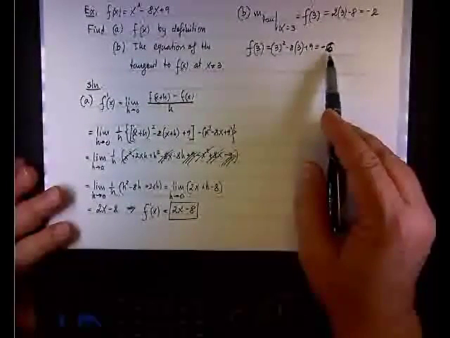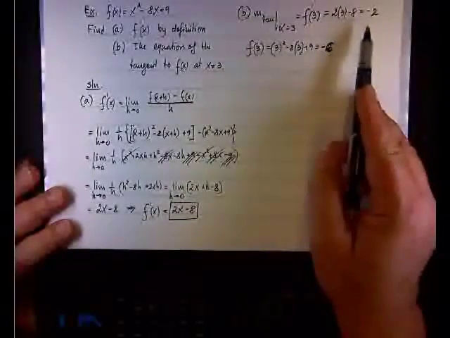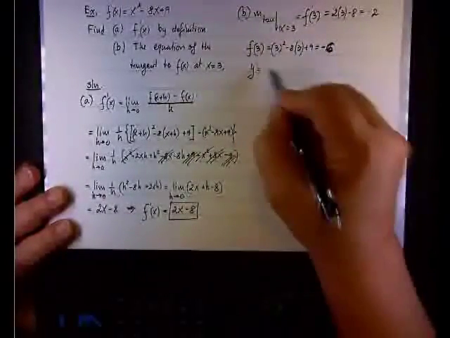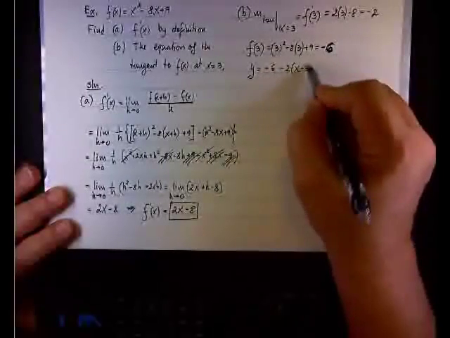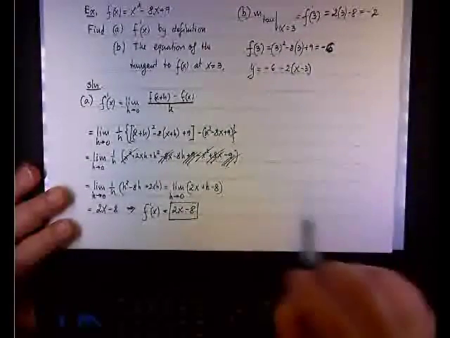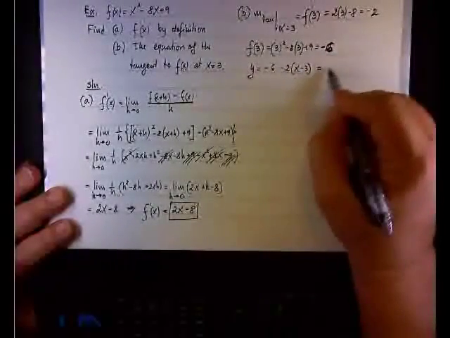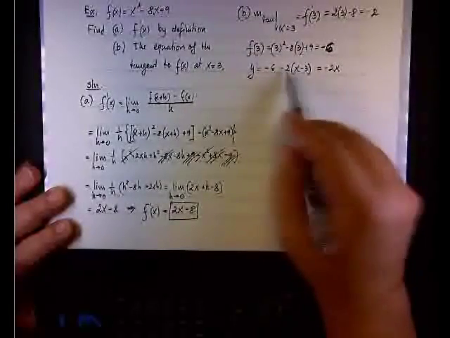So we have the y value is negative 6, the slope is negative 2, so y equals negative 6 minus 2 times x minus 3. This is the point slope formula, and we end up having negative 2x, negative 6 plus 6.